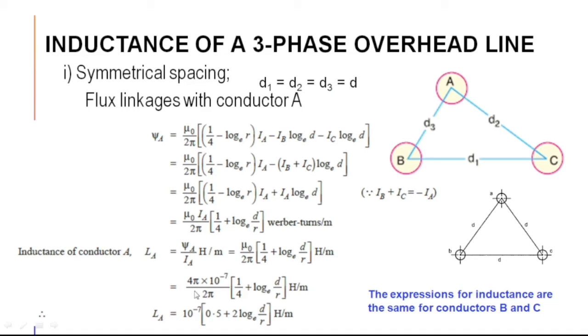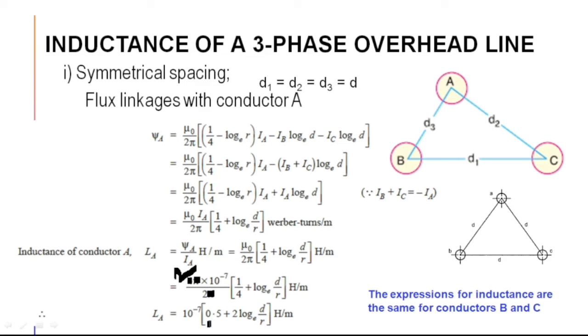For the simplification, this π and this π are cancelled, and this 4 and this 2 are cancelled by 2.